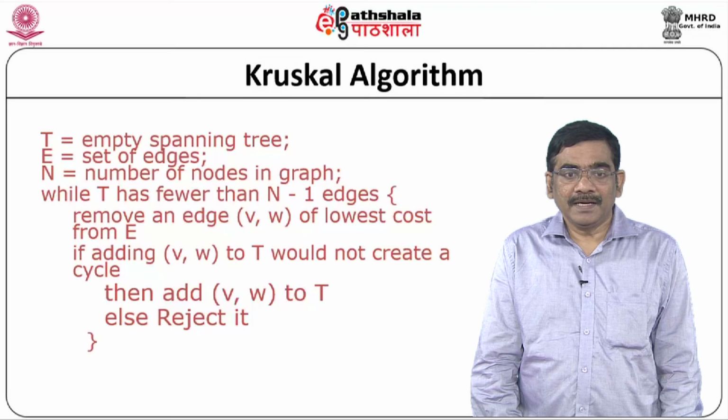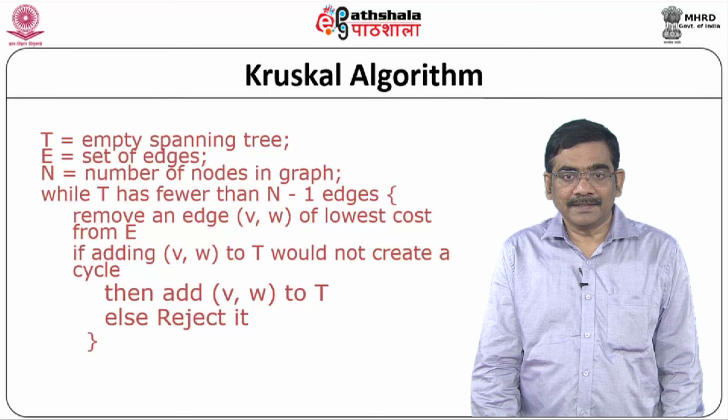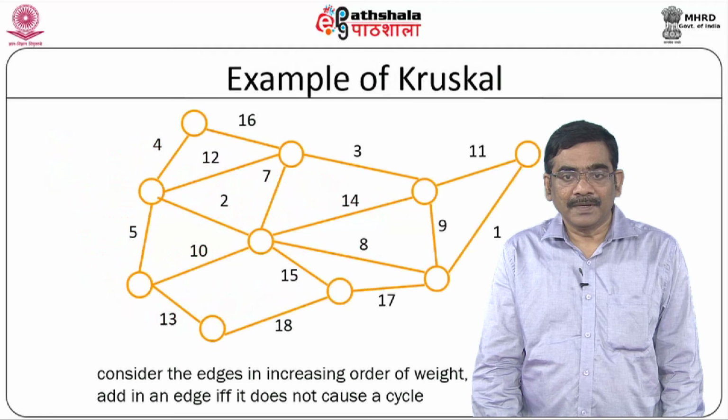While T has fewer than n minus 1 edges, we remove the edge of the lowest cost, then try to add that into T if it does not create any cycle. If no cycle is created, we add that, otherwise we reject it. This is the Kruskal algorithm informally.